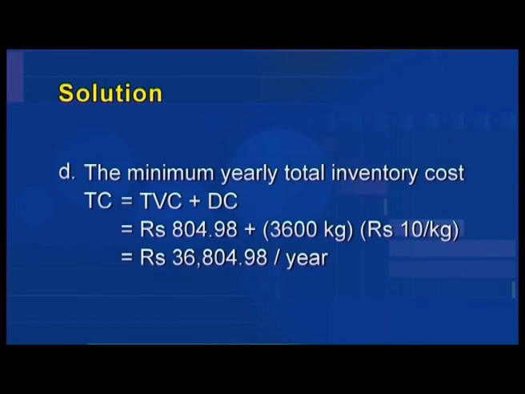The minimum yearly total inventory cost TC is equal to TVC plus DC, which is equal to rupees 804.98 plus 3,600 kg into 10 rupees per kg, which is equal to 36,804.98 rupees per year.